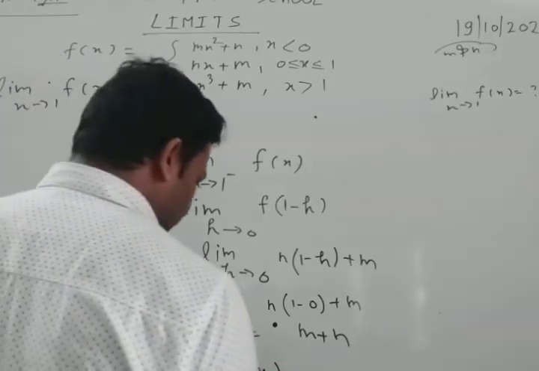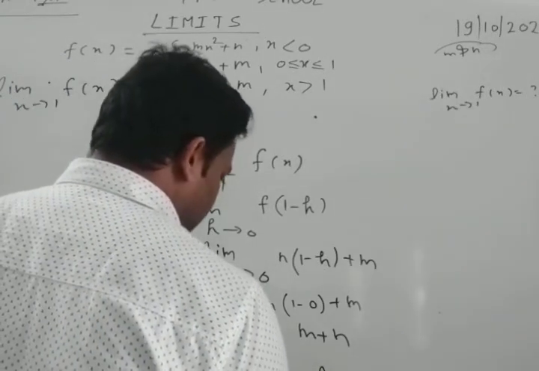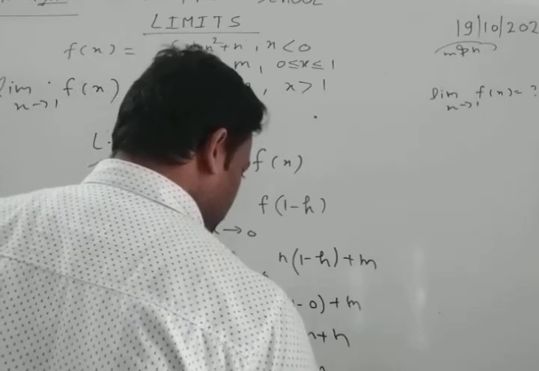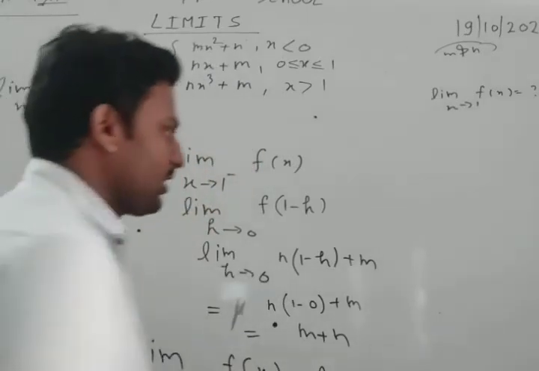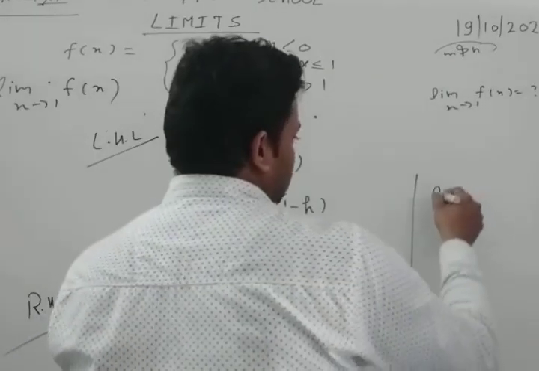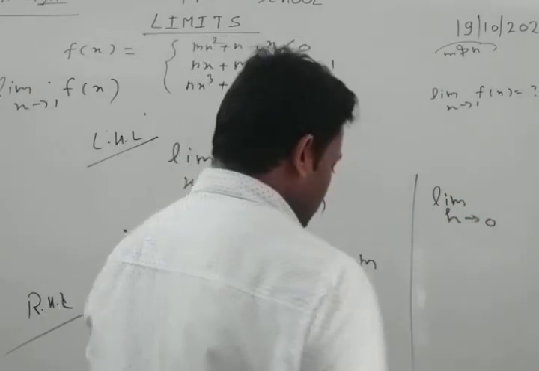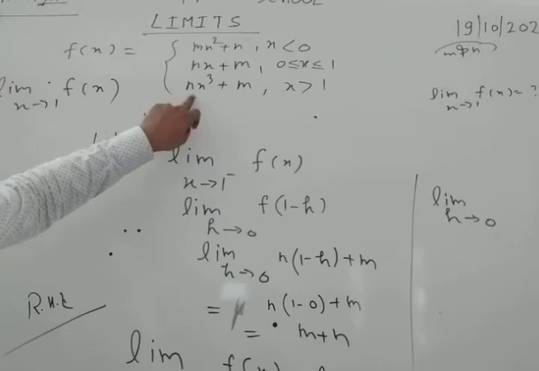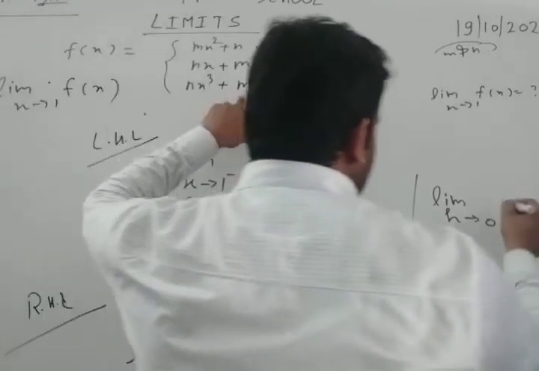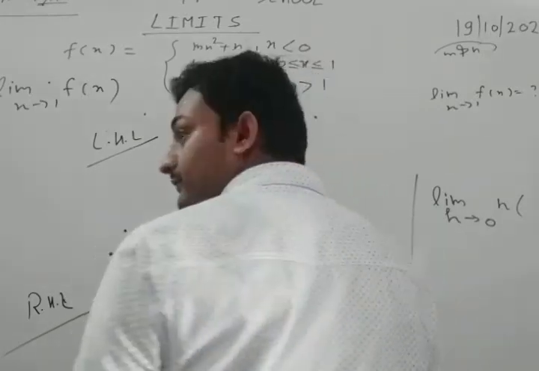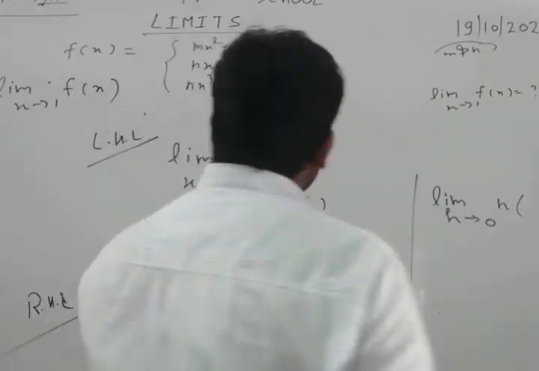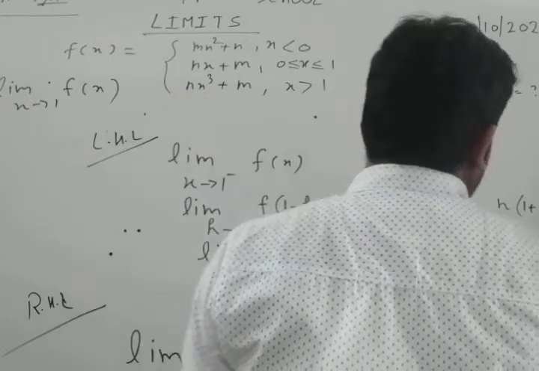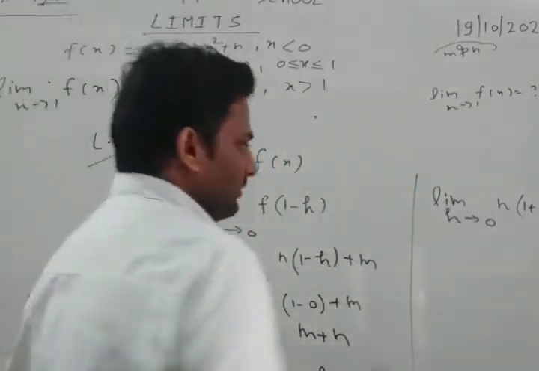We write the limit as h tends to 0 of f(1 + h). Now for x greater than 1, our function is nx³ + m, so we write n(1 + h)³ + m.